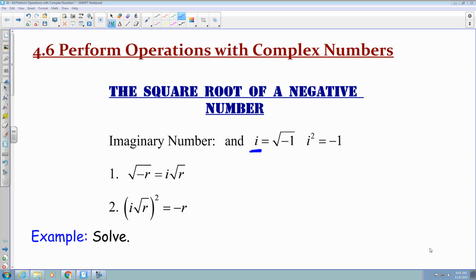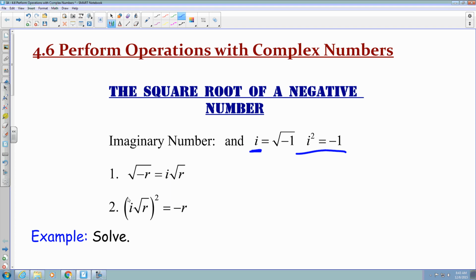So i is the square root of -1, which means that i squared just equals -1. Anytime you square the number, you just write what's inside the square root and get rid of the square root.